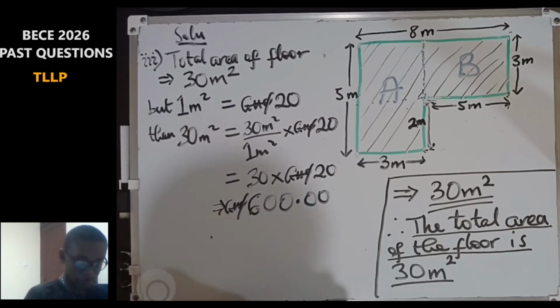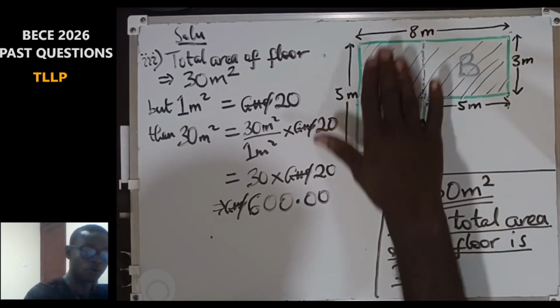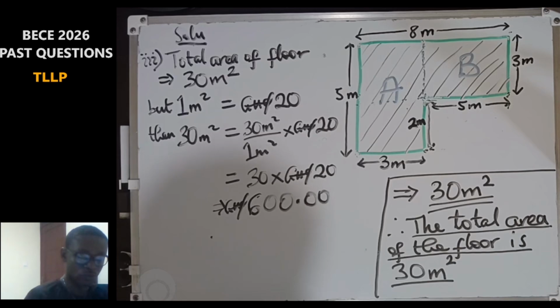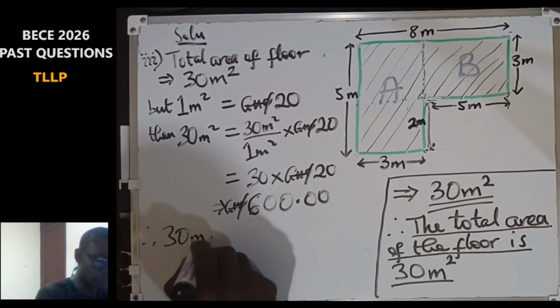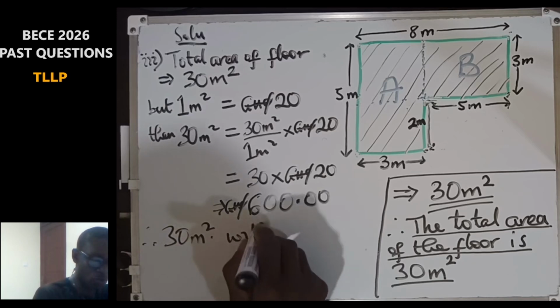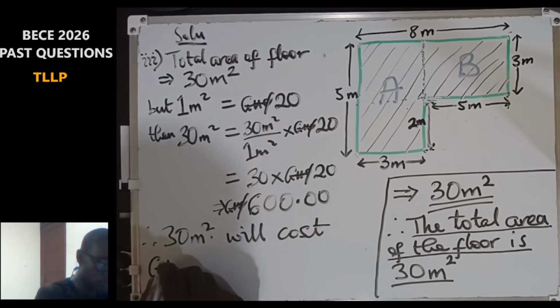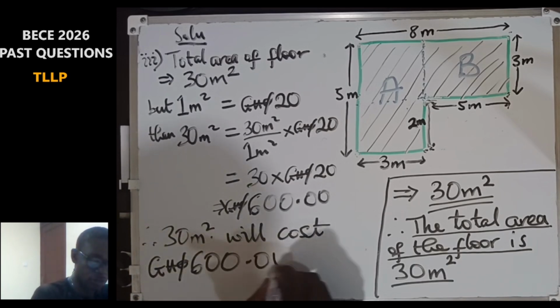So it means that if the person wants to carpet the whole floor of the room, it is going to cost the person 600 cedis. So you say that, therefore, 30 square meters will cost 600 Ghana cedis.